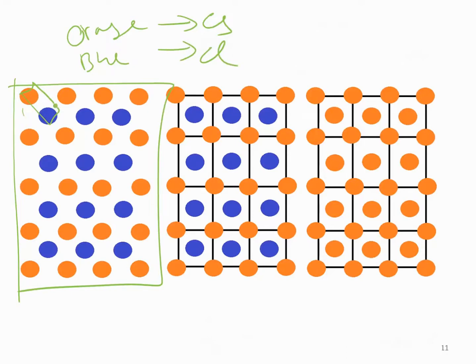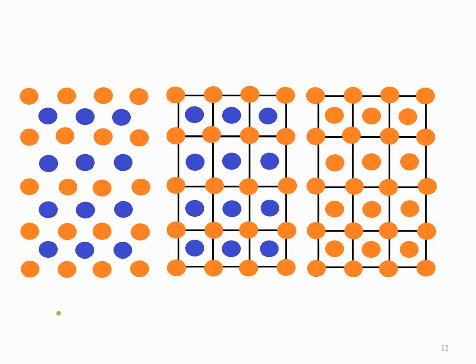So orange blue becomes CsCl, right? So this is one basic, this is another basic, and so on, each of these is another basic.